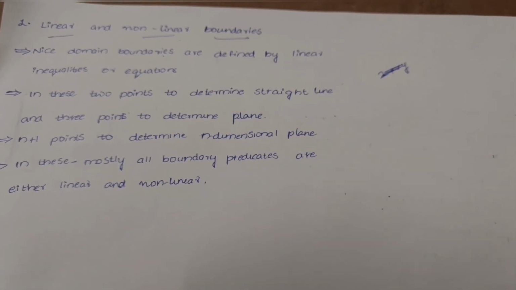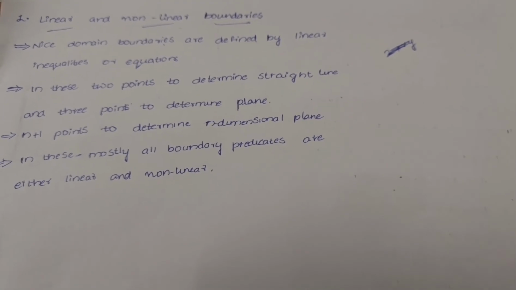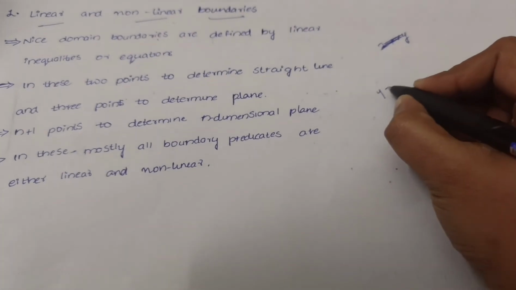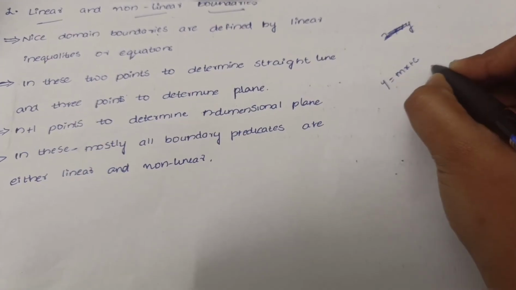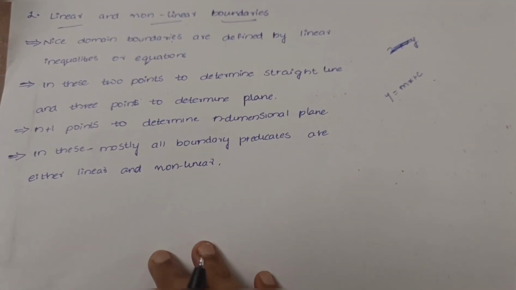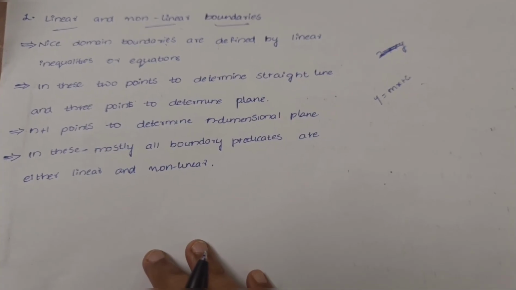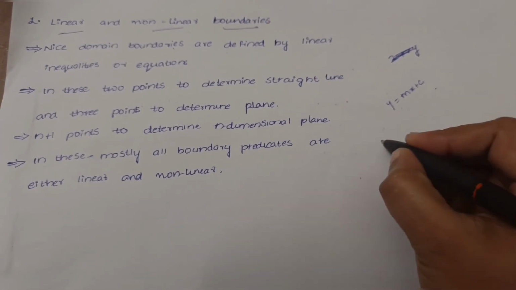Here, nice domain boundaries are defined by linear inequalities or equations. In these we have linear equations like y equals mx plus c. This is a linear equation which can be defined. In these linear and non-linear boundaries, we can have 2 points to define a straight line.